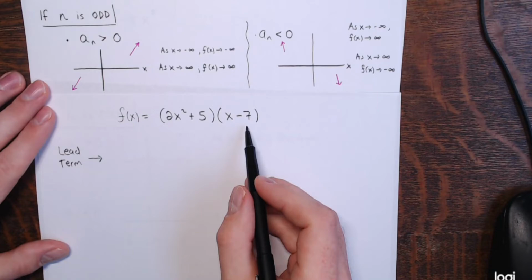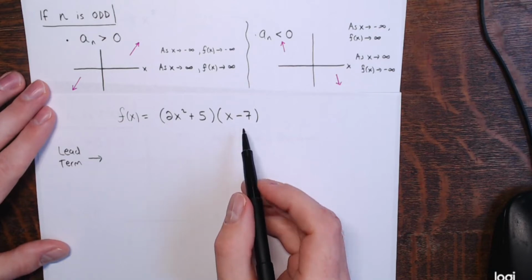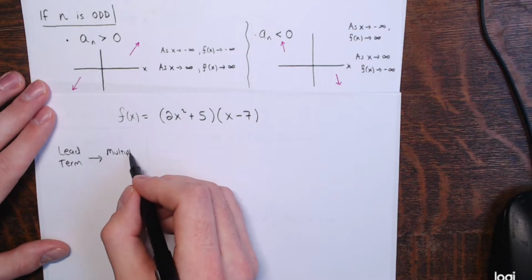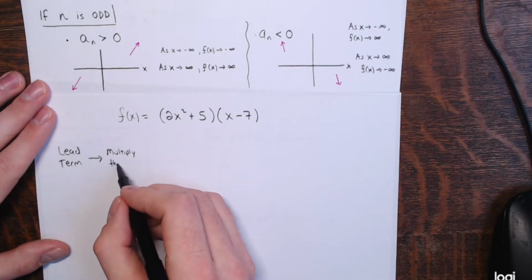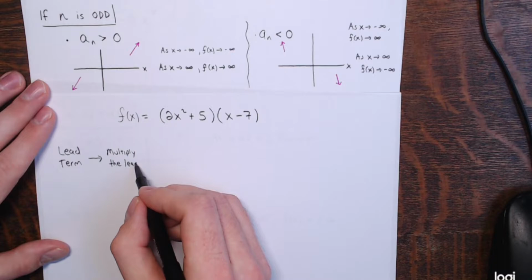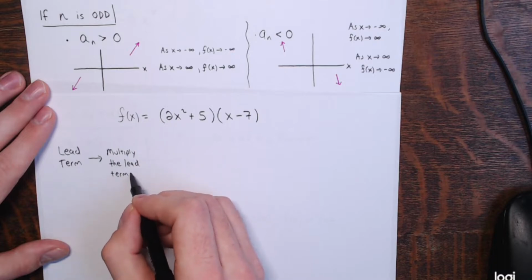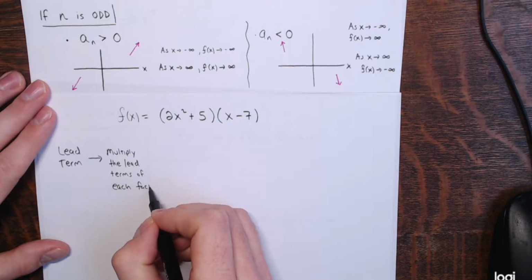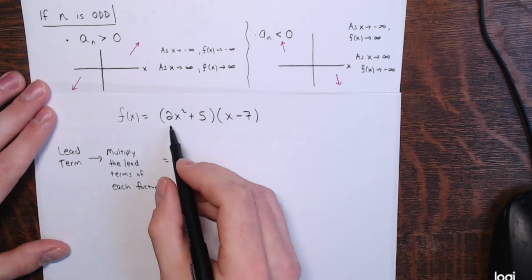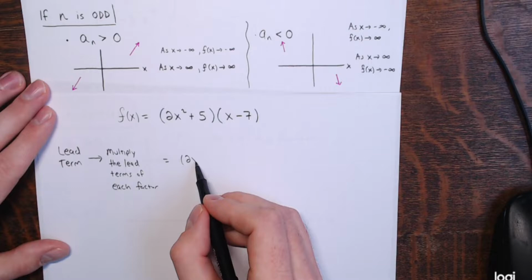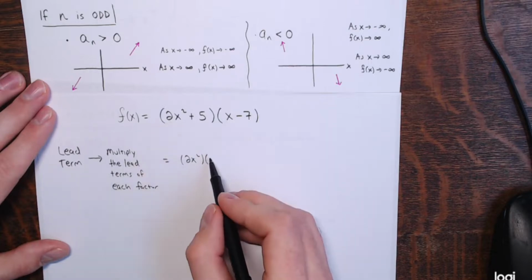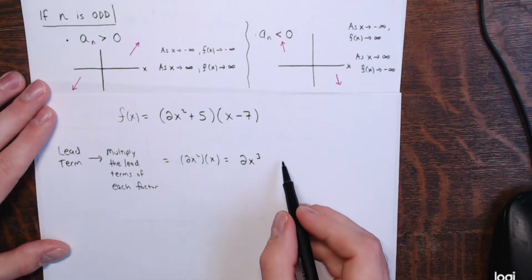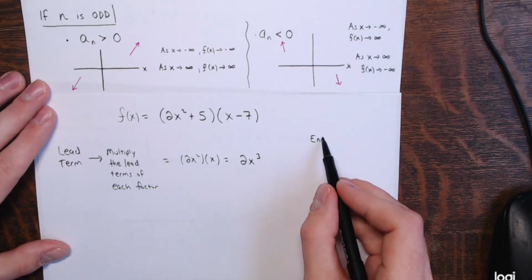If it's in factored form, to find the highest powered term, just multiply the lead terms of each factor. So that'd be 2x squared times x, the highest powered term from each factor. So that's 2x cubed.